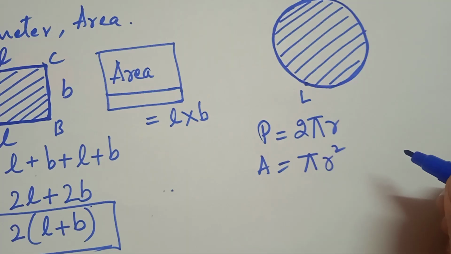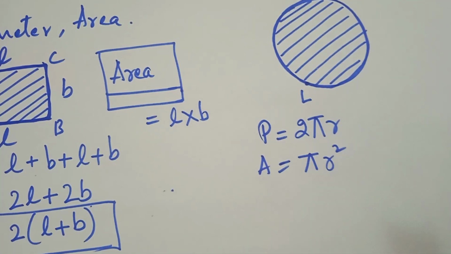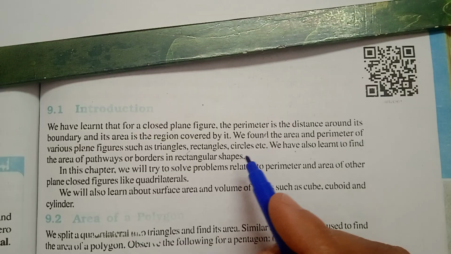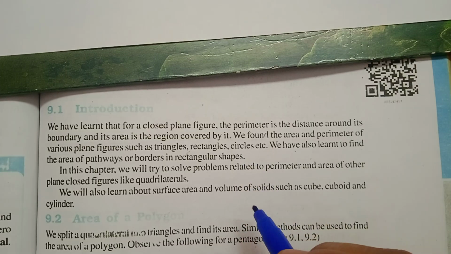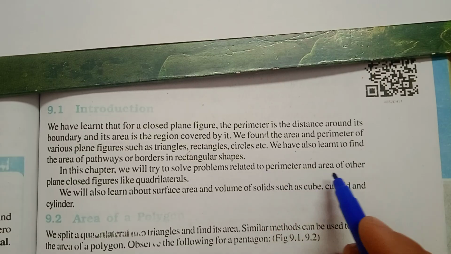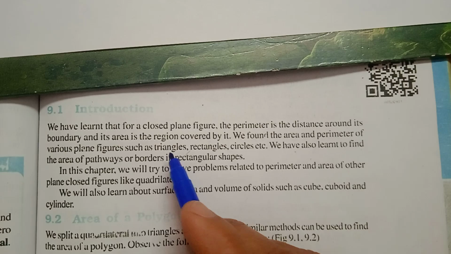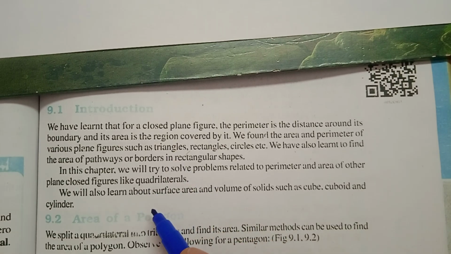So in the introduction they have explained those two concepts, perimeter and area of triangles, rectangles, and circles, which you have already studied. Now in this chapter in 8th standard, you are going to find the perimeter and area of some different closed figures, that is, not triangles and rectangles, but polygons.